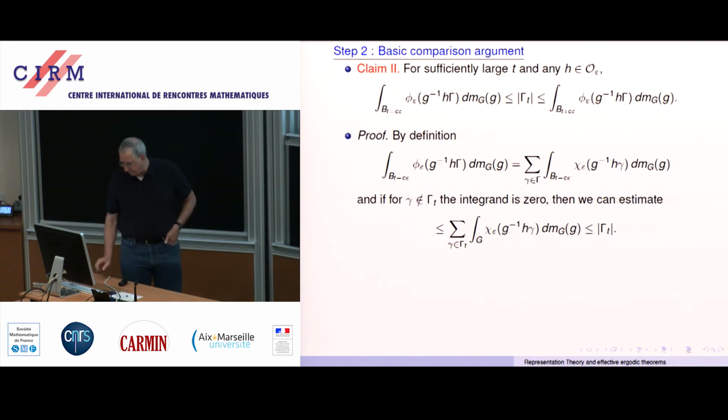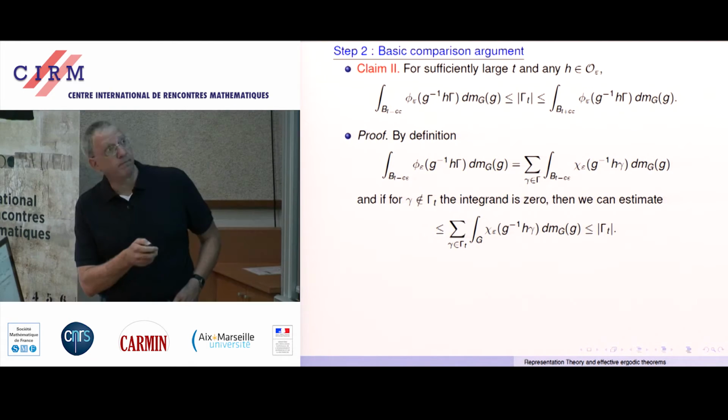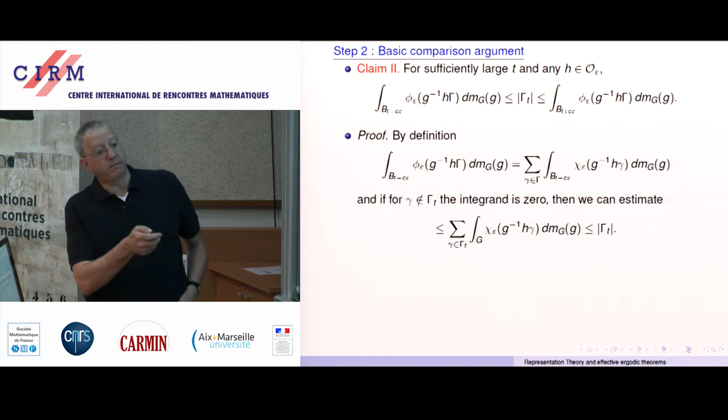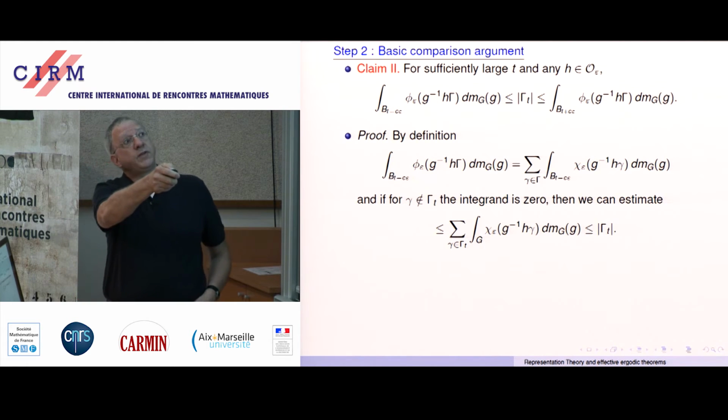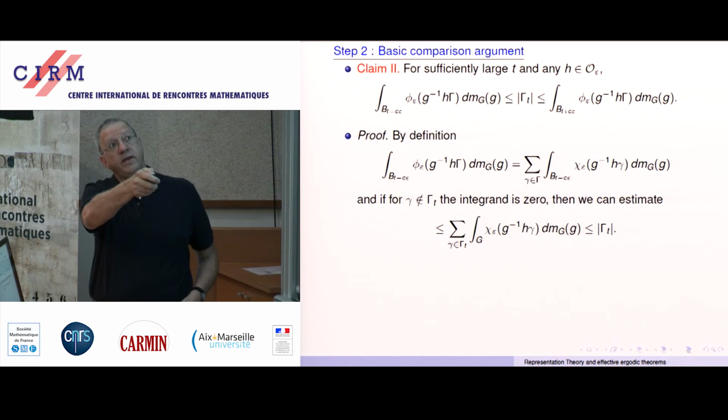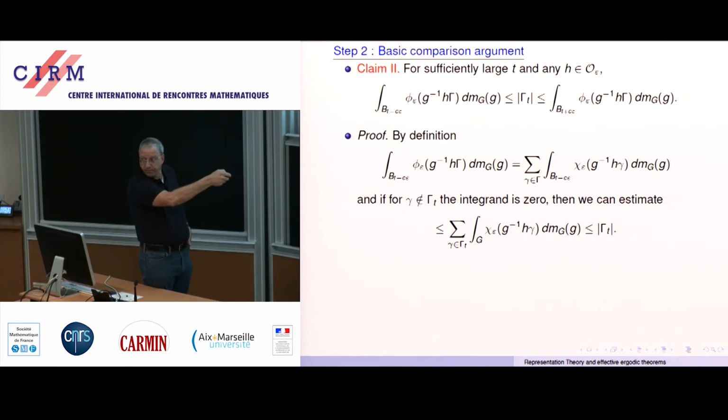And this follows from the following argument. By definition, this integral is a certain sum. Phi epsilon is this sum, so this integral is a certain sum. Now, in this integral, of course, we're only interested in integrands which are non-zero. Suppose that you know that this integral is 0 unless gamma is in gamma t.